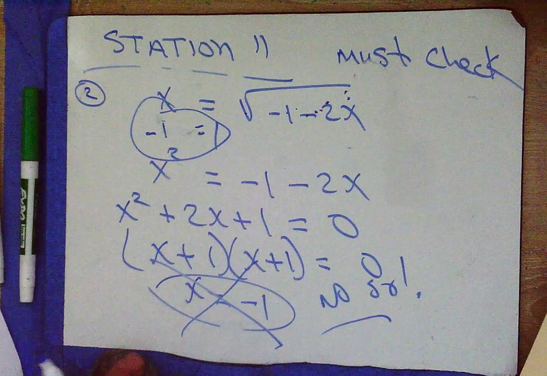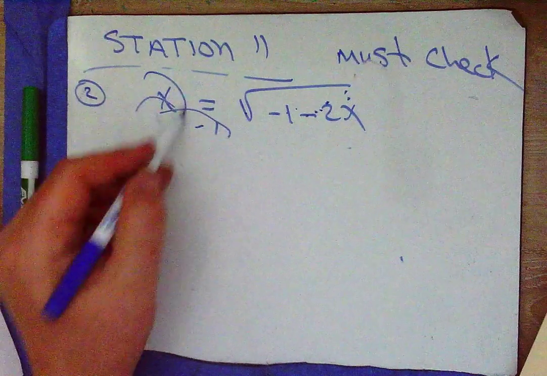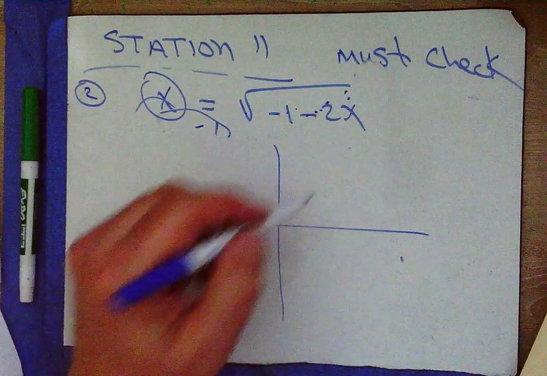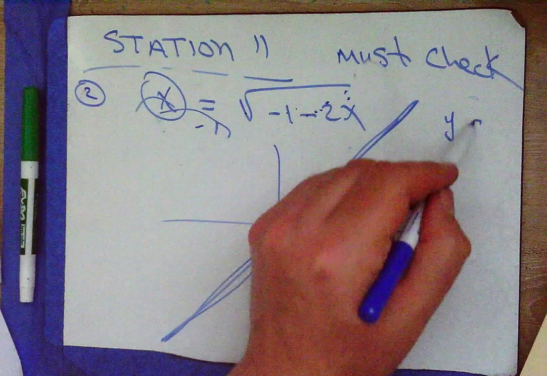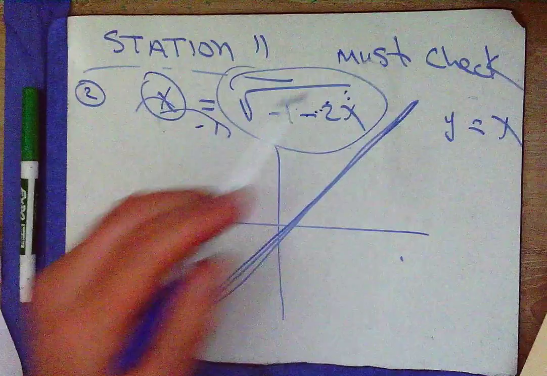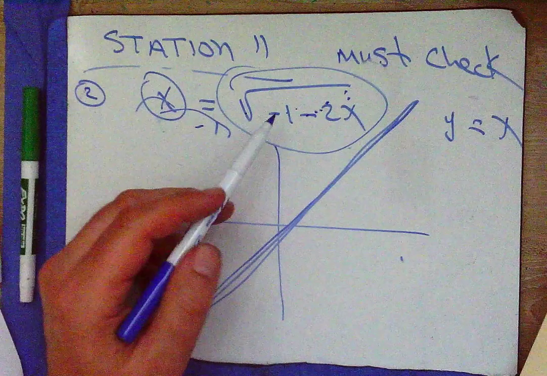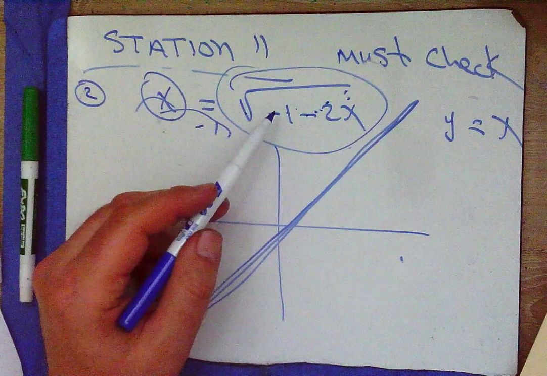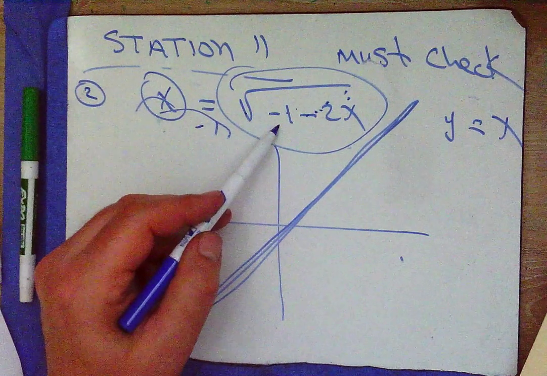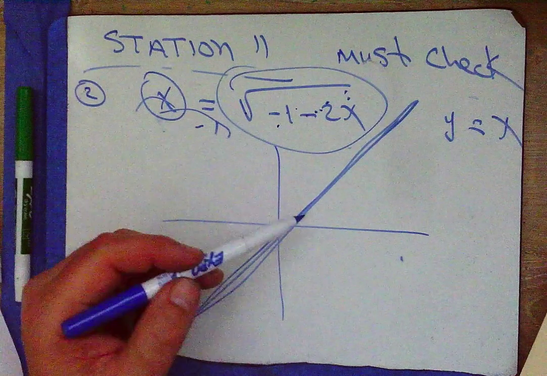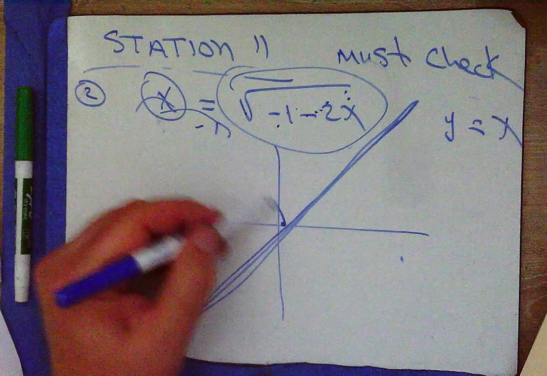Okay? Now, I could also think about this problem graphically. There's the line y equals x. This is my square root graph, so I'm going to add 1 to the x's, which goes that way, and so it goes here, like that.